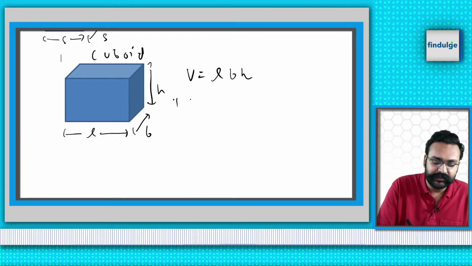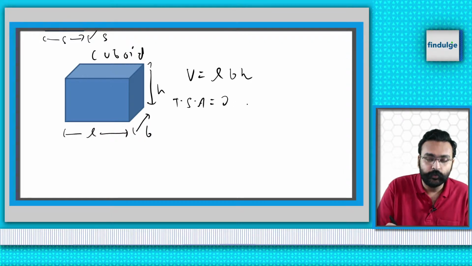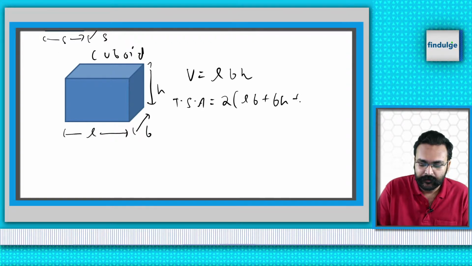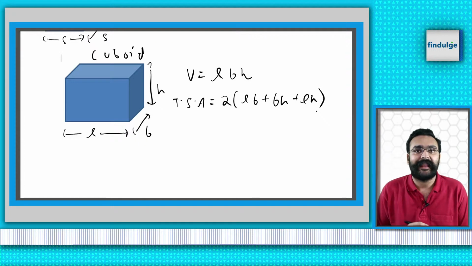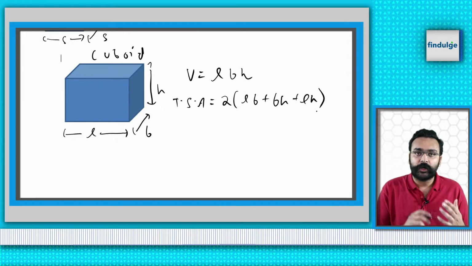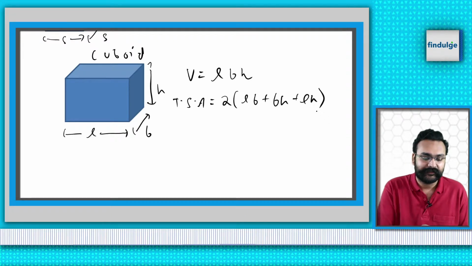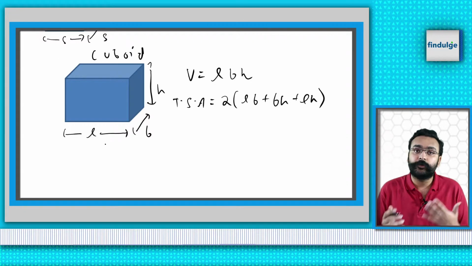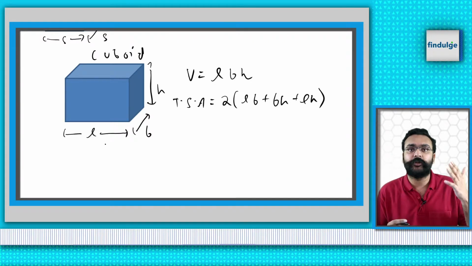The total surface area is equal to 2 times, in brackets, LB plus BH plus LH. Because the logic is that we have 2 faces that are the rectangle made by the length and the breadth. So length into breadth would be their areas. There are 2 of them.